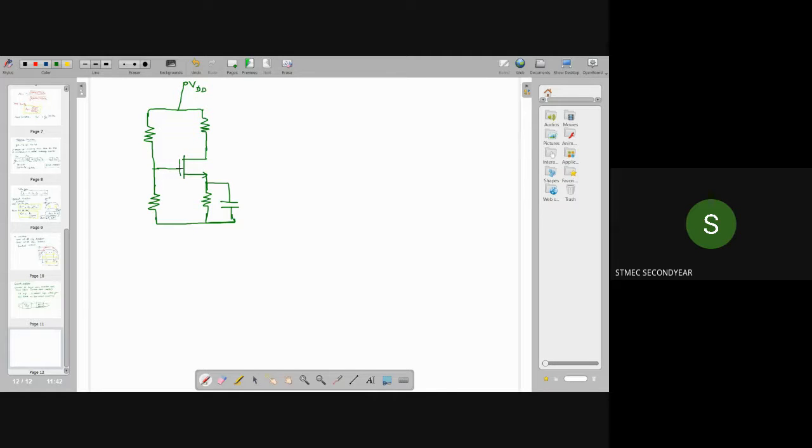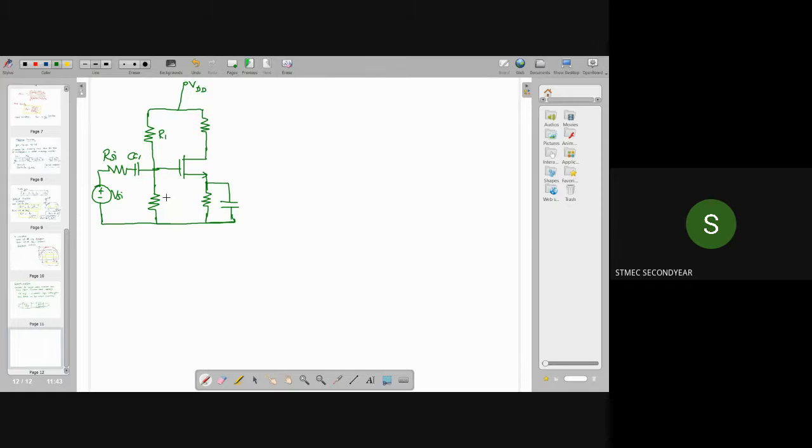Here to the gate, we can apply our input signal. There will be a coupling capacitor. So VSI is the input signal and RSI is the signal source resistance, RSI. And here you will be having a coupling capacitor which blocks the DC components.